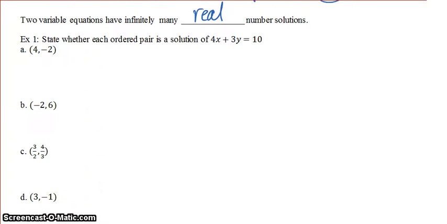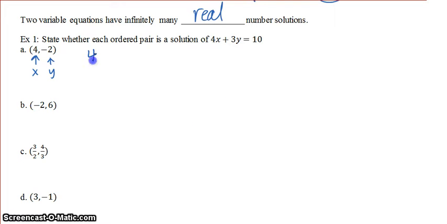So now, this says, state whether each ordered pair is a solution of 4x plus 3y equals 10. Well, I know that my first one in the ordered pair is my x. The second one is my y. So if I plug it into this equation, and it's a true statement, then it is a solution. If it doesn't work, then it's not a solution.